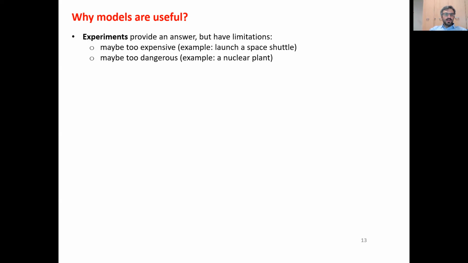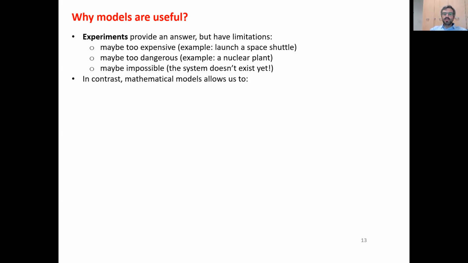Or too dangerous, think about a nuclear plant. Or even impossible: the system doesn't exist yet, so you cannot experiment on it because you still need to design it. So you have, let's say, a CAD drawing of the system, but you didn't build your robot yet.